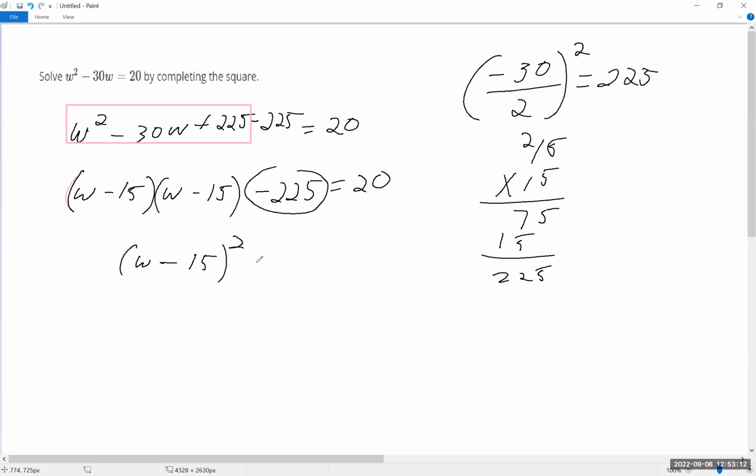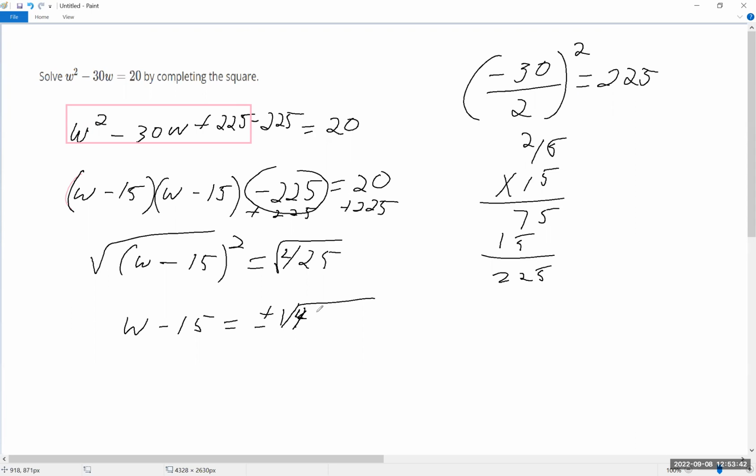I'm going to move this over to the right. I'm going to add it, right? So this is what, 240? No, 425. So now I can take the square root of both sides. So that's W minus 15 is equal to plus or minus the square root of 425. I don't know if we can simplify that any further, but I bet we can.